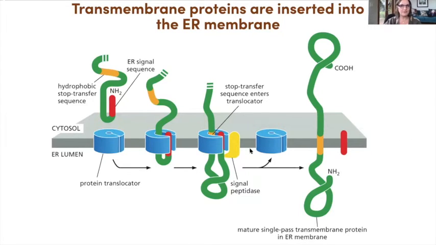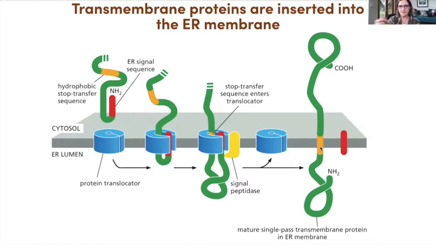This part, I had totally forgotten about this until I refreshed my memory by reading this chapter. I don't think you need to know this, but if you are very interested in membrane proteins, this and an associated video that is available with the chapter shows how more complex proteins that have transmembrane segments, which we talked about in the last lecture, get threaded into the membrane of the endoplasmic reticulum.